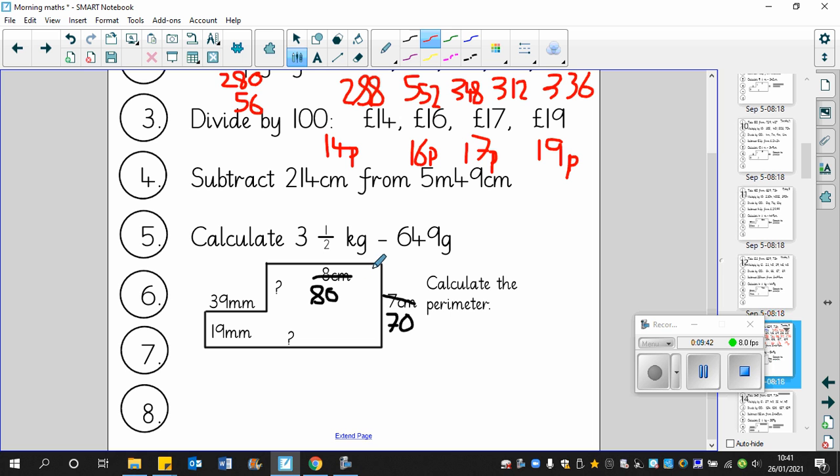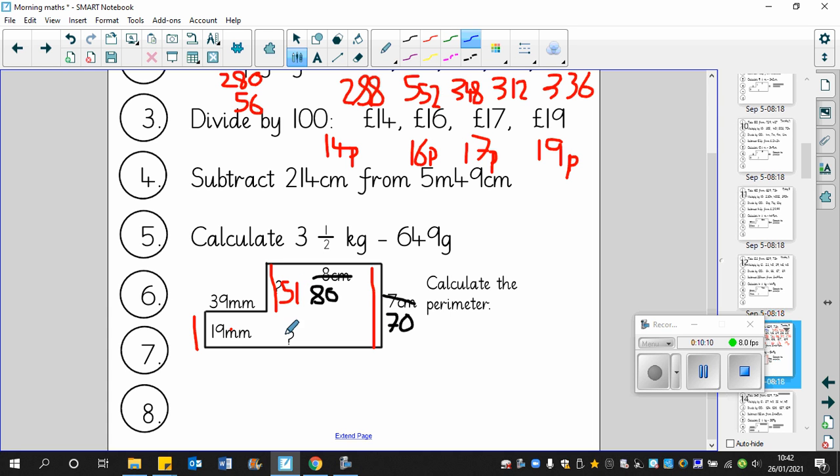Okay, right, so vertically, if that long line is 70 and that short line is 19, then this slightly longer line is going to be 19, add 1 is 20, and then add 50 makes 70. So let's just check that out. So this line is 51 and this is 19. 51 add 19 is 70, and I'm happy with that.